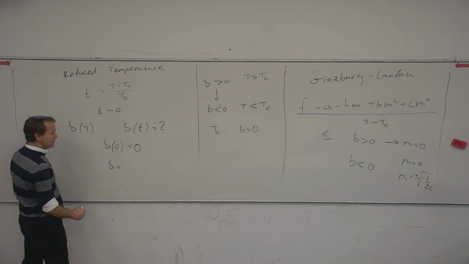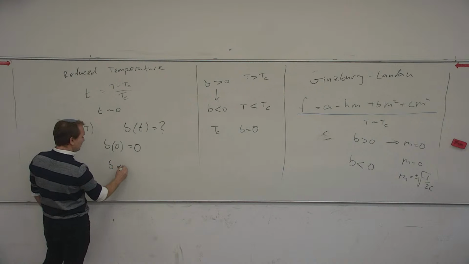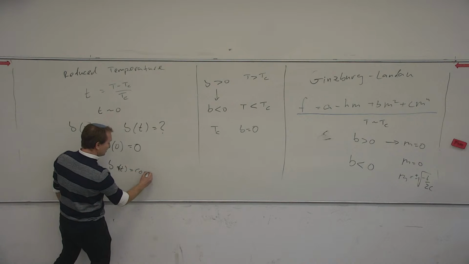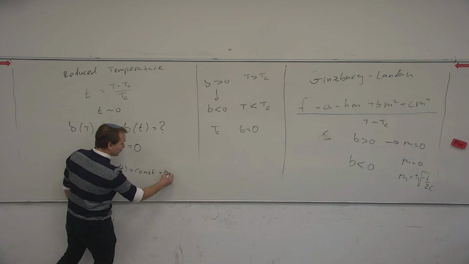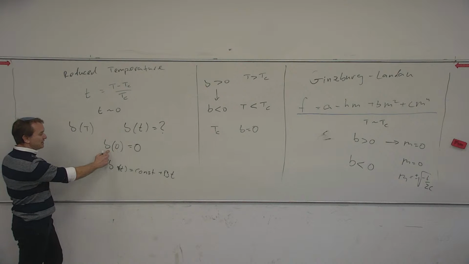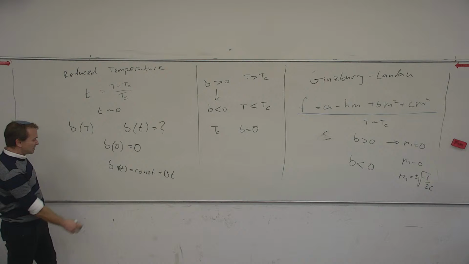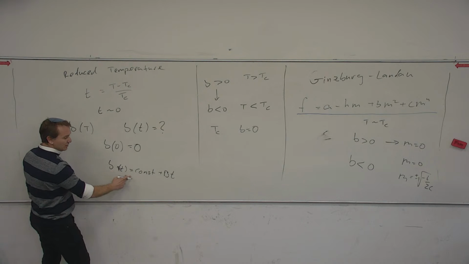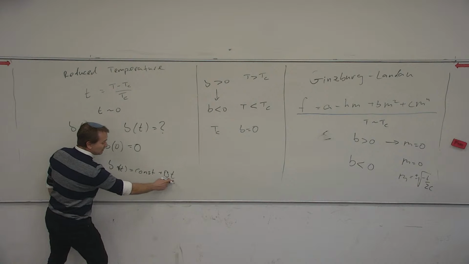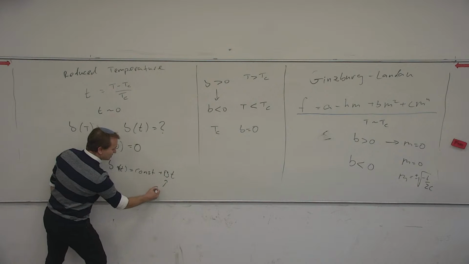Let's assume that B, as a function of t, cannot be a constant plus something multiplied by t, because we know that B of 0 equals 0. So we simply say that B of t is proportional to t, or it goes like b multiplied by t, where b is a constant.